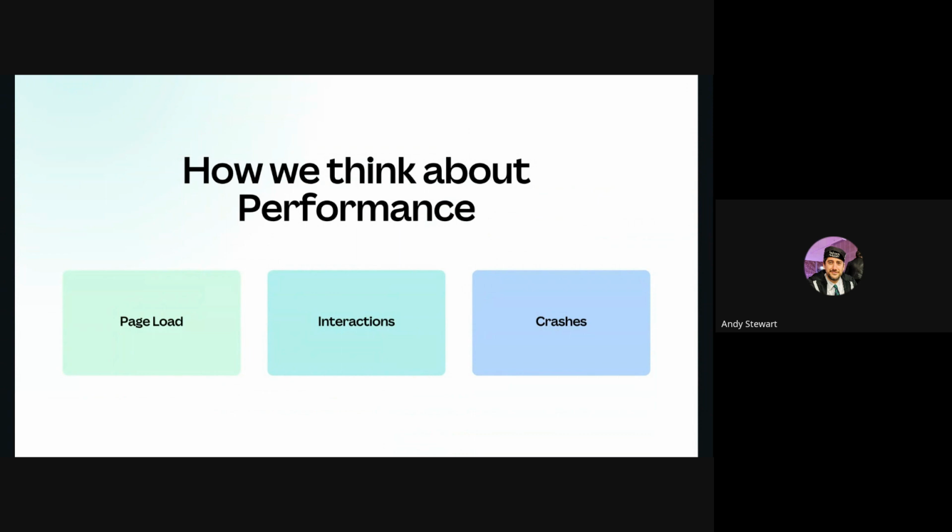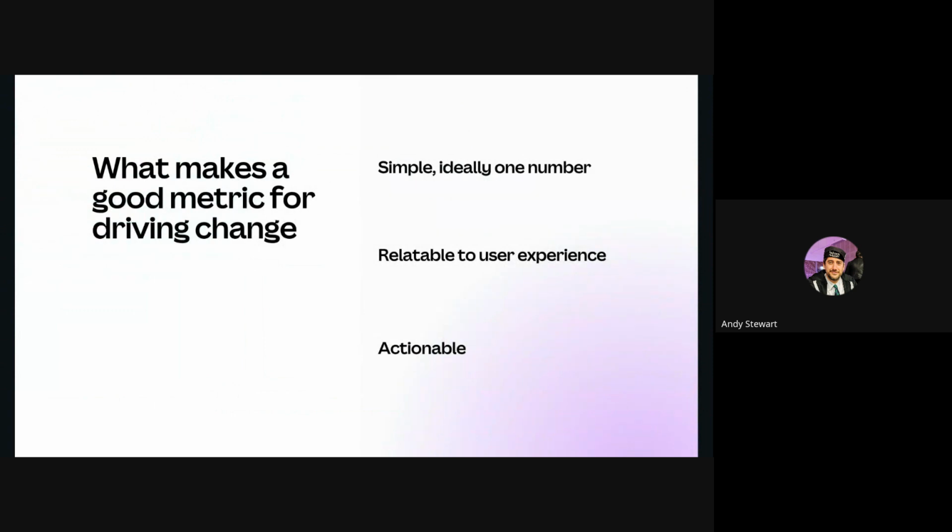Then there's the interactions during the session, and then sometimes we have, unfortunately, crashes, especially on our mobile applications. We're still iterating on this, but we definitely find that we're getting some experience of what we think makes a good metric for driving change at Canva.